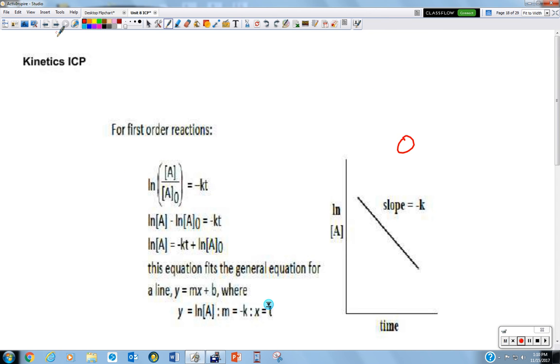For the first order, which is the next page, I want you to put a capital L above it, because L tells us that the y-axis is the natural log, or Ln, of concentration.